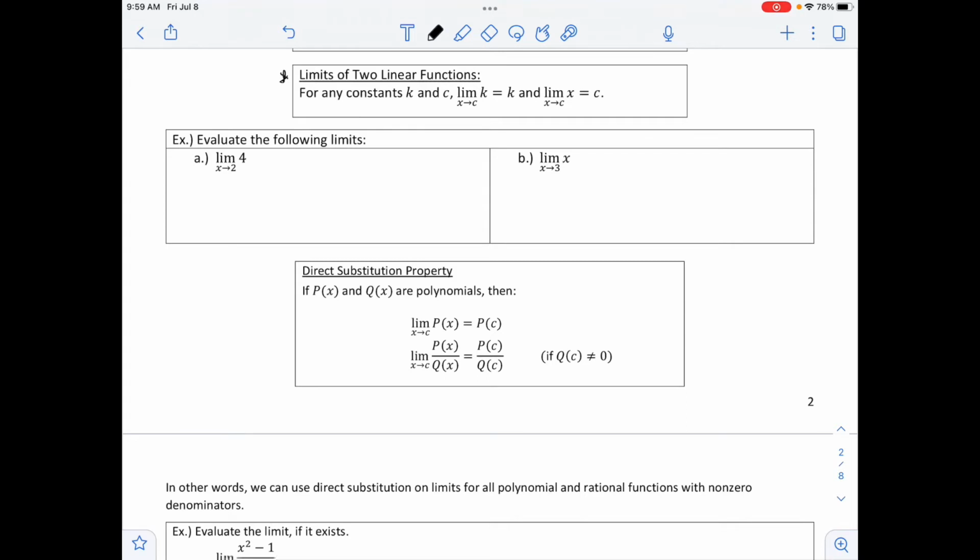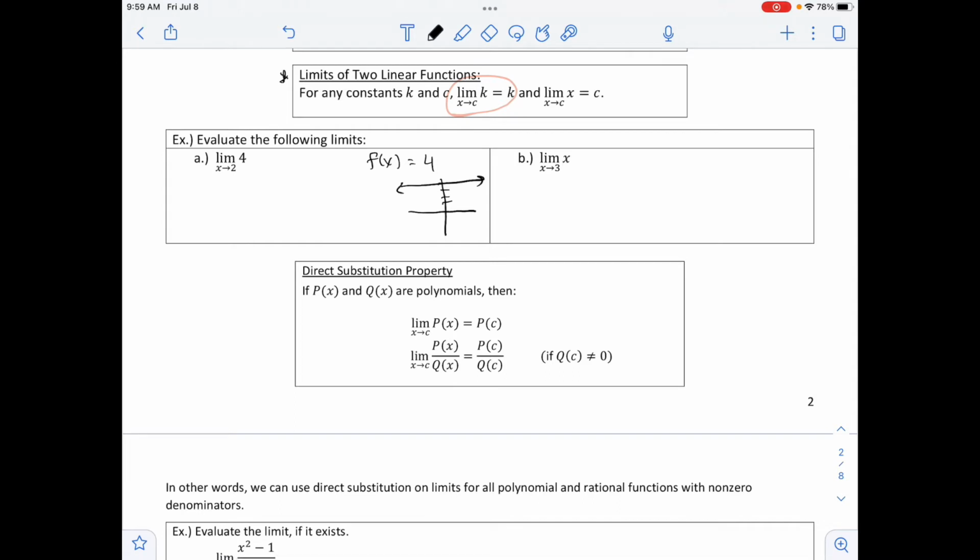For this, it says evaluate the following limits. So the limit as x approaches 2 of 4, this would be that first case that we have up here. And this would just be equal to 4. If you think about this graphically, this would be f of x equal to 4, which is saying that your y value is equal to 4, which is going to be a horizontal line.